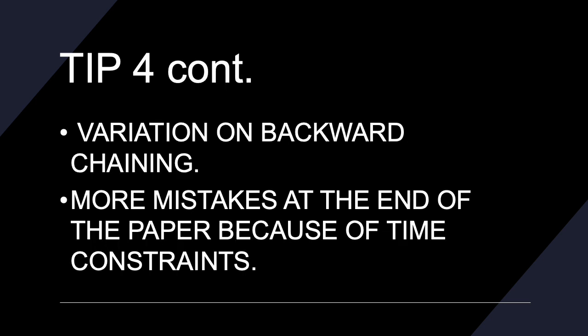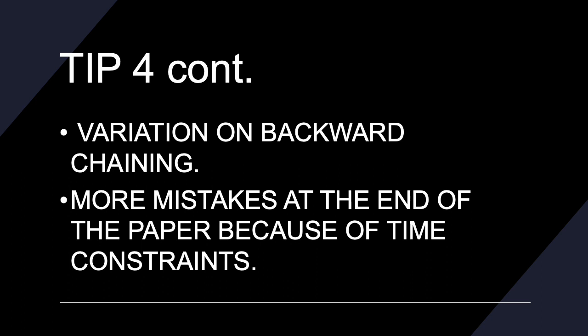More mistakes are made at the end of a paper, usually because you're tired. You have already been writing for an extended period of time and editing and things like that. Your better edits come earlier in the paper typically, and that's just a human mindset. The later part of the paper tends to have more mistakes.